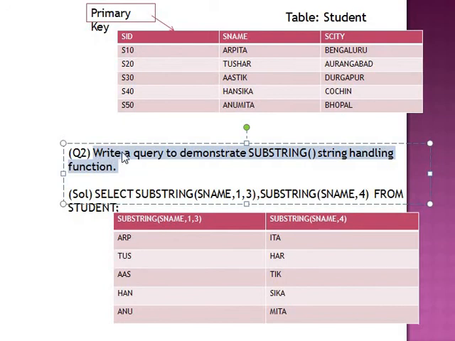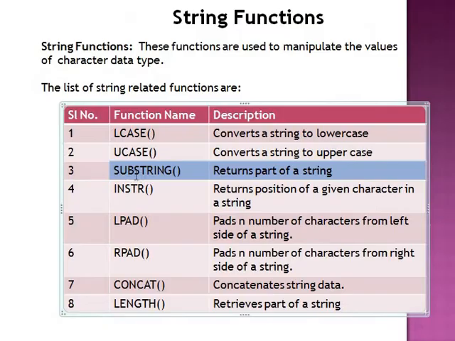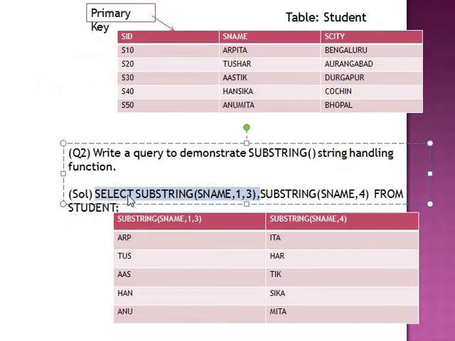Now read the next question. It says, write a query to demonstrate the substring string handling function. Now look over here. The substring function actually returns part of a string. Now look at this query. It starts with the select command and then the function substring to be applied on the column SNAME.